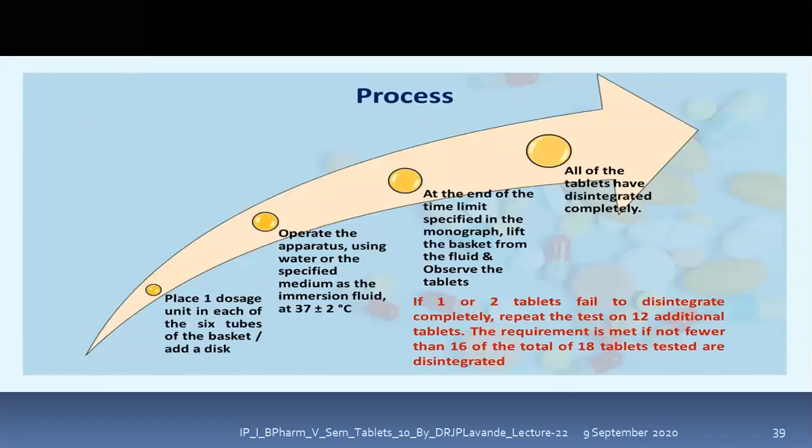We saw the process to be carried out, and suppose in the first case the disintegration fails, then we have to go for an additional 12 tablets. So out of 12 plus 6, that is 18 tablets, we have to correlate our results. That means if 16 out of 18 disintegrate, the tablets pass the test for disintegration.